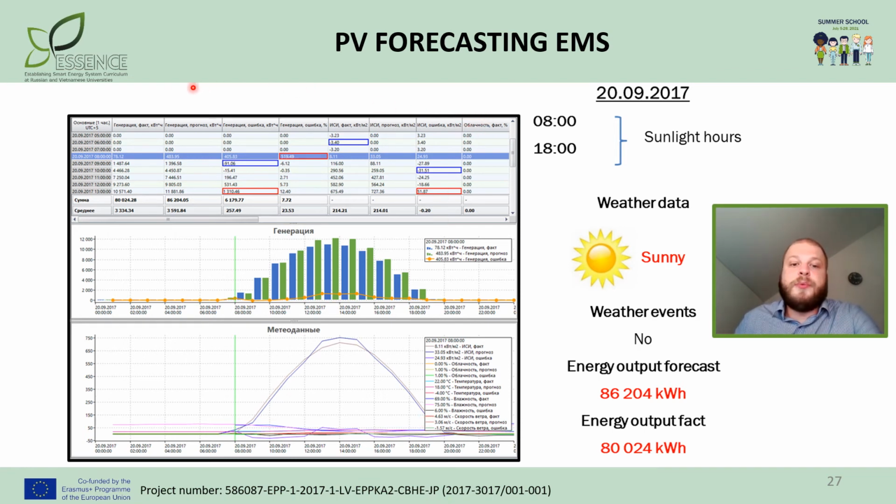So this is the window which is used by the engineering staff at the photovoltaic power plant to solve the problem of preparing the bids for the wholesale energy market, and to solve the problem of power planning of the photovoltaic power plant for a day-ahead perspective, because based on these forecasts, service and maintenance are planned as well.